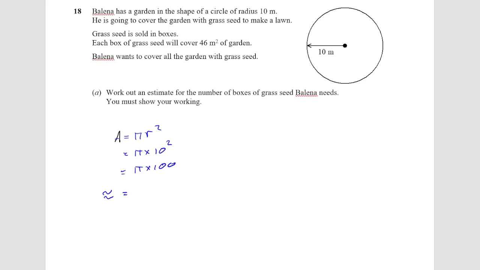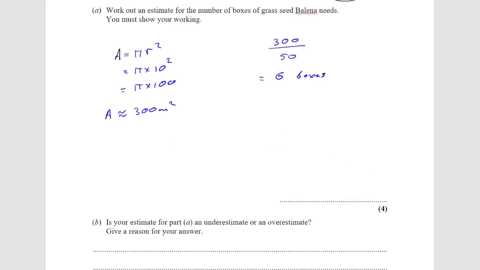So the area is approximately equal to 300 meters squared. So we want to do 300 divided by, and 46 is approximately equal to 50. So I'm going to divide that by 50, so that's equal to 6 boxes. So my estimate is going to be 6.